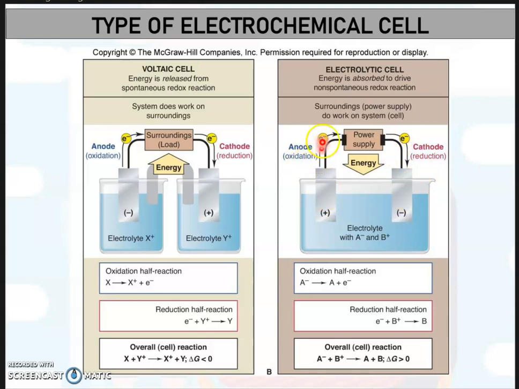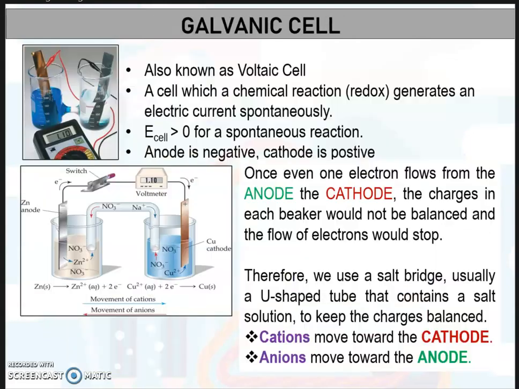But it is the same: oxidation happens in anode, reduction happens in cathode. And this is the half reaction for electrolytic cell. Still the same. Oxidation is losing electron. Reduction is gaining electron. And we combine the two half reactions, we get the overall reaction.